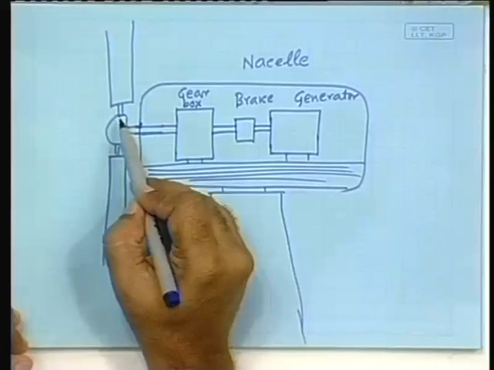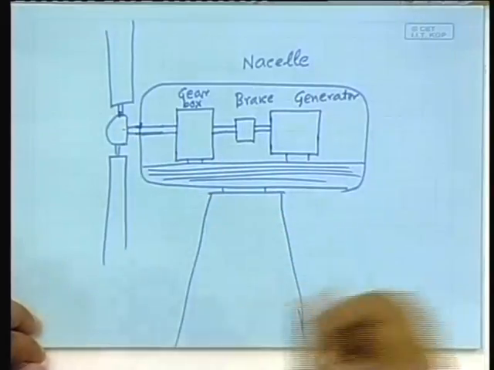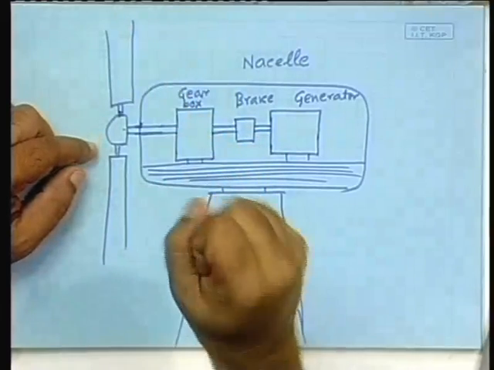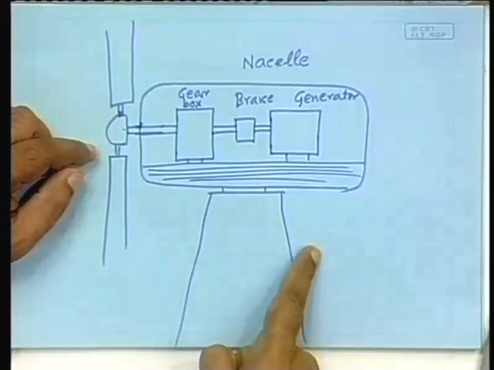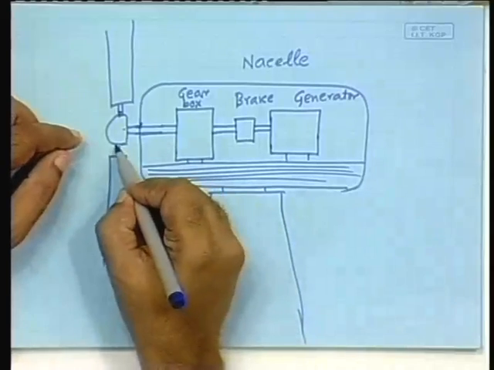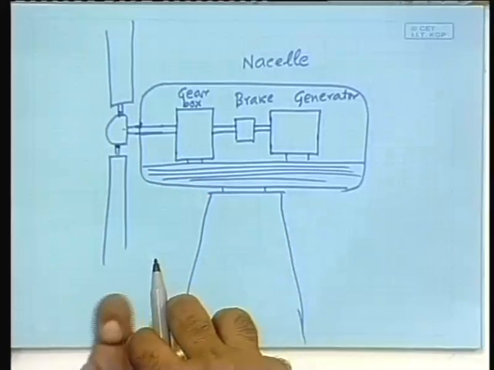Not only that, at these points you should have again servo motors that turn these blades like this. Why? Because the pitch has to be controlled, right. So, at these points you will have to have motors that will rotate.